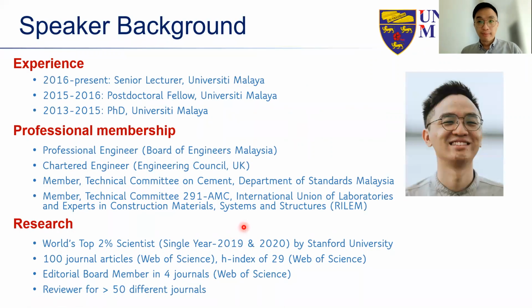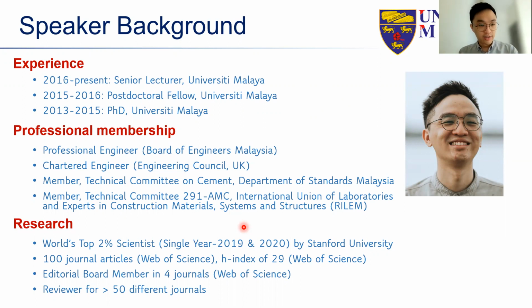A little bit of background about myself. I'm presently senior lecturer in the University of Malaya, and prior to that, I did my postdoc in the same university after graduating from my PhD in the same university. I'm a professional engineer with the Board of Engineers Malaysia, as well as a chartered engineer with the Engineering Council UK.